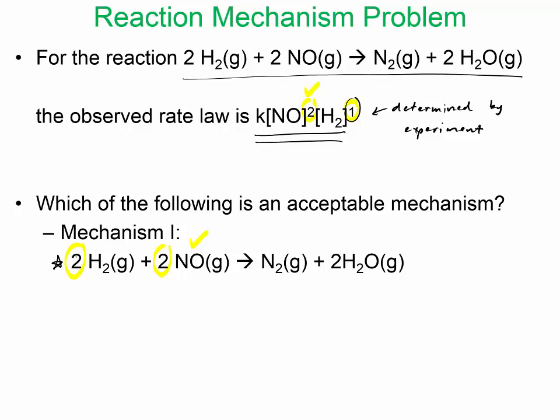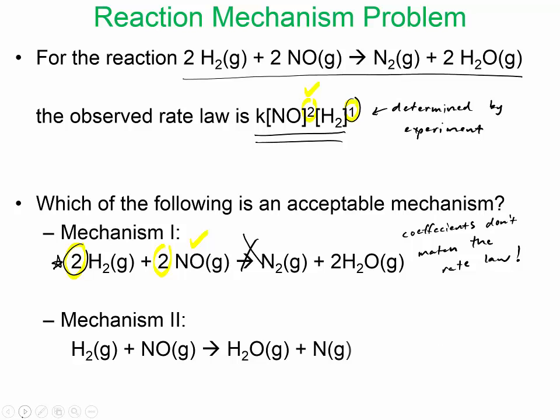We see that this is a 1 and this is a 2, so the coefficients don't match the rate law, and this can't be an acceptable mechanism. So this doesn't work.